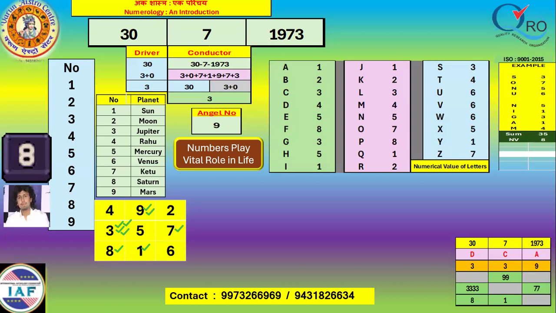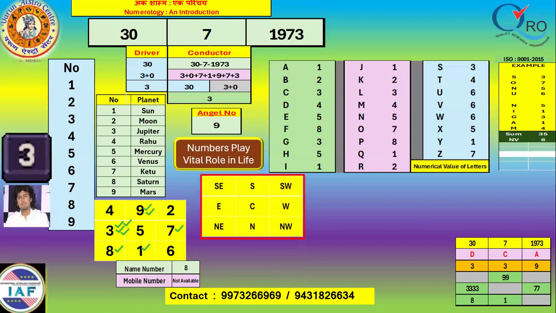So what are the impacts of the missing numbers, and what are the impacts of the numbers which are increasing? Name number is given 8. Mobile number is not known and not tried to know also. It is not available in social media. Now, what is this number speaking for the native?